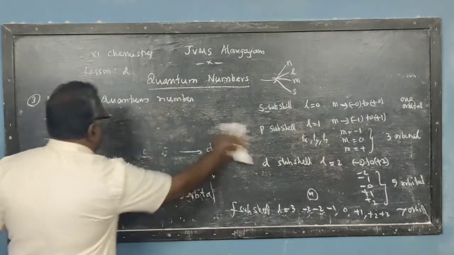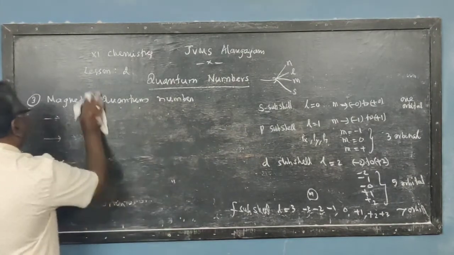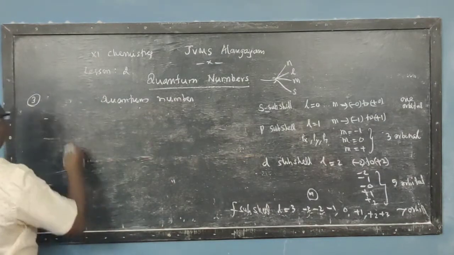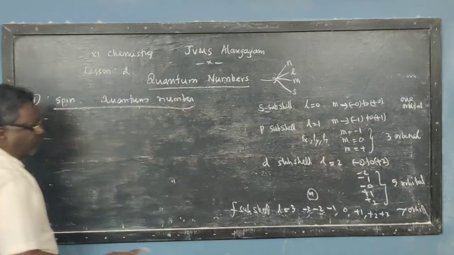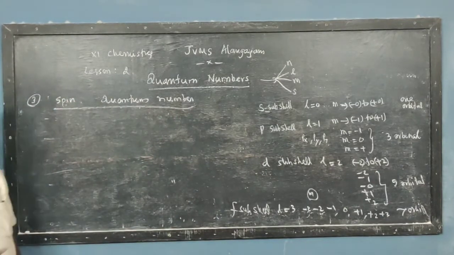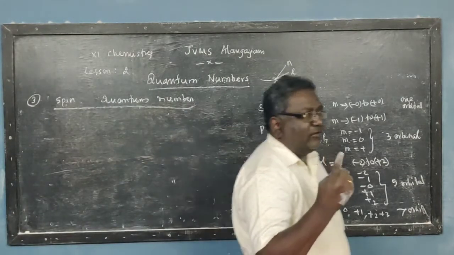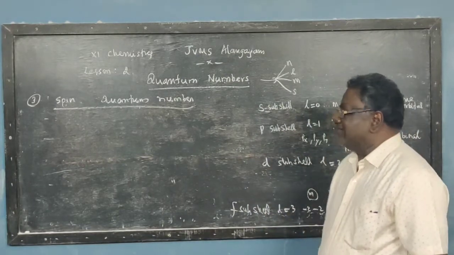Then finally we have the spin quantum number. The last quantum number is the spin quantum number. When it says spin quantum number, it is obvious: electrons are revolving around the nucleus. It is not only revolving around the nucleus, it is also spinning about its own axis.